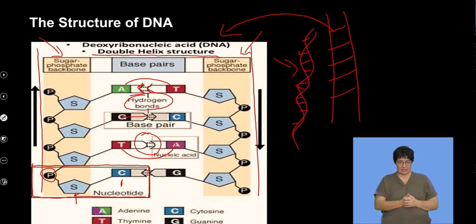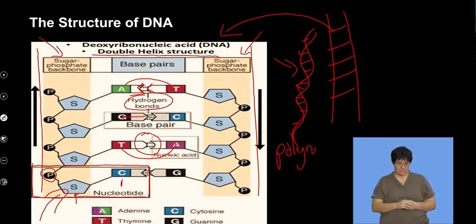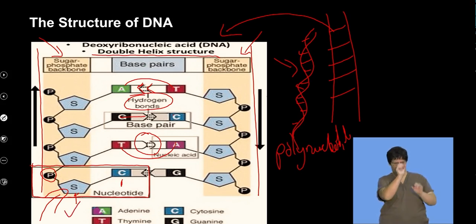If we try and unpack this model again, I'm going to very quickly go back to what the structure of DNA is. DNA is made up of nucleotides. It's a polymer, so it's a polynucleotide, and that essentially refers to being made up of many of these nucleotide molecules.